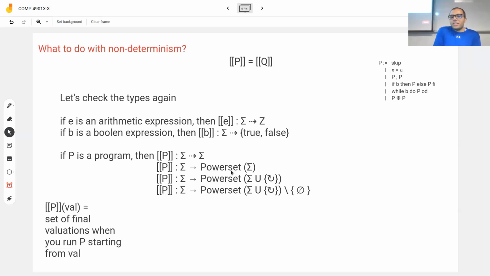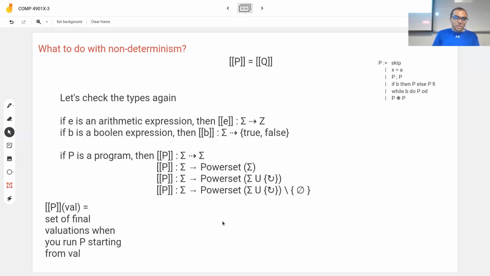And well, if it doesn't terminate, it doesn't have an output, it's the empty set. But here I specifically created a new element which shows non-termination. So when I do this, then I cannot have something that maps an input to the empty set, because that makes no sense, right? So you should have a non-empty subset of sigma union with this new symbol that shows non-termination.